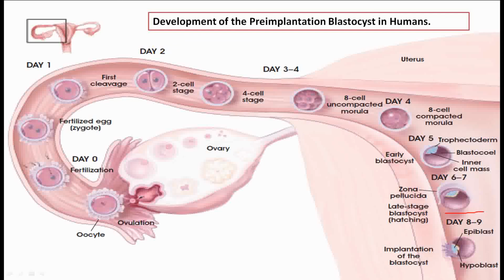So here it is day 8 to 9. At the 8th or 9th day, the process of implantation occurs. It is implantation of the blastocyst. The blastocyst attaches from the side that contains the inner cell mass, and now it is known as the hypoblast.